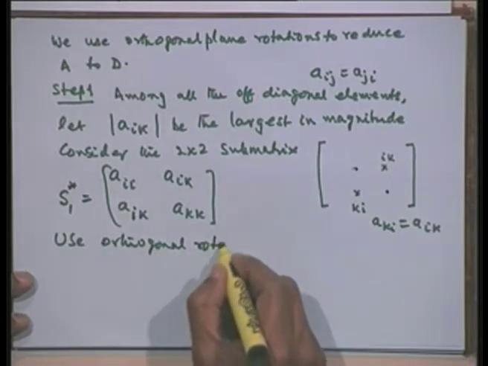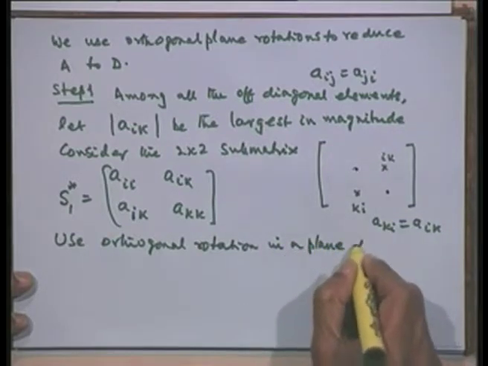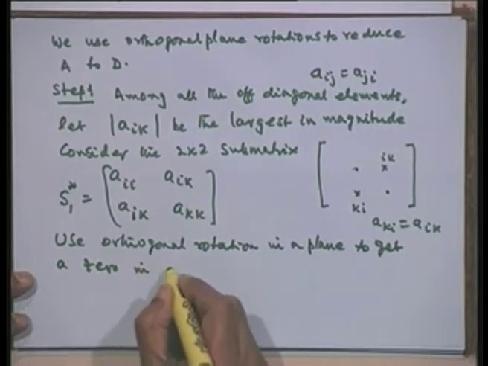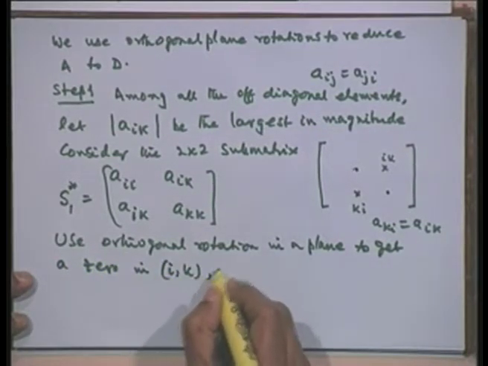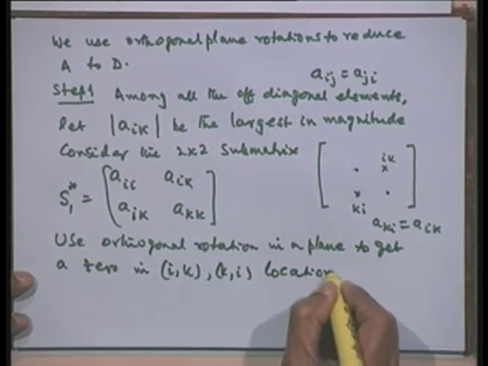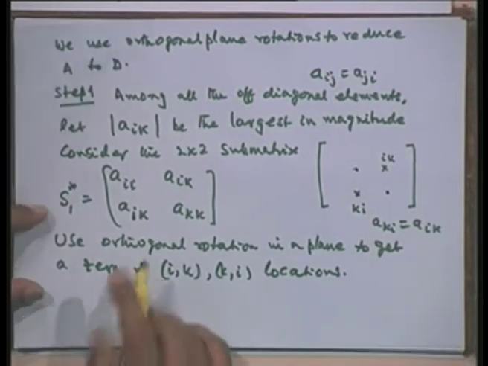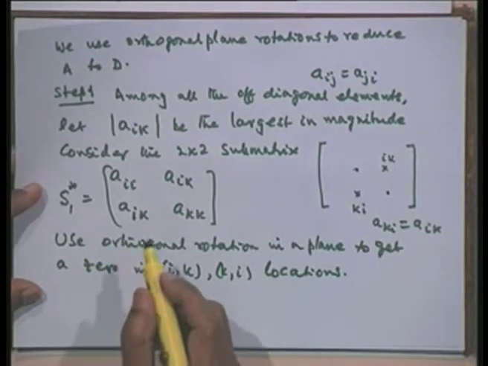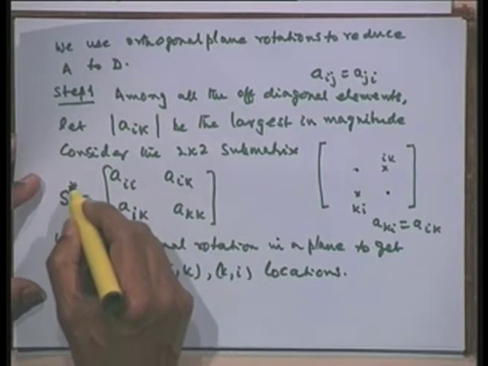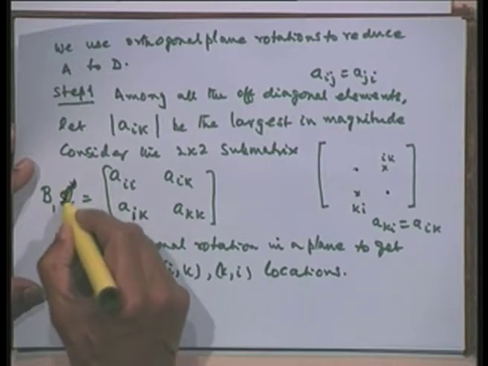Use orthogonal rotation in a plane to get a 0 in the ik, and it would mean ki locations. Let us change, we shall use S1 for the rotation matrix. Let us call this submatrix B1.